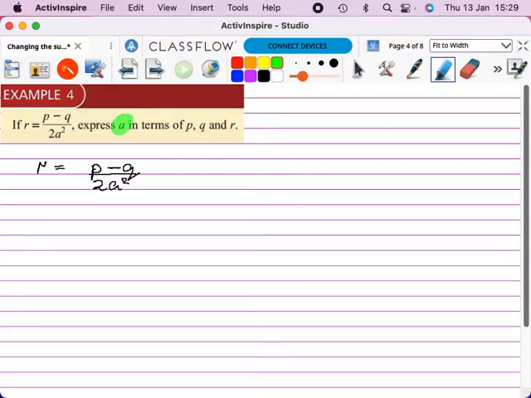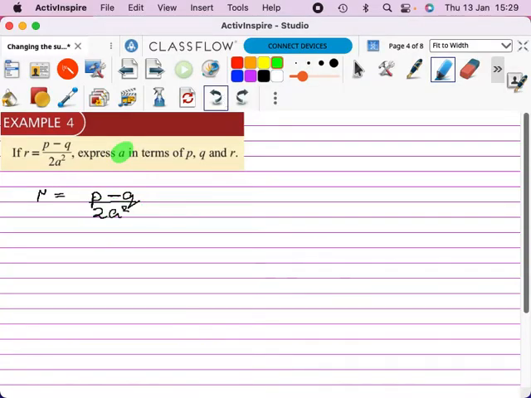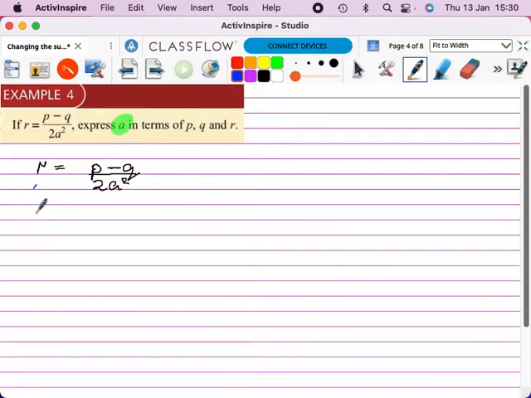Well, hopefully you remembered that if you are divided by 2a squared, you're going to be multiplying by 2a squared in order to undo it. So put 2a squared at the front and then carry out that process.